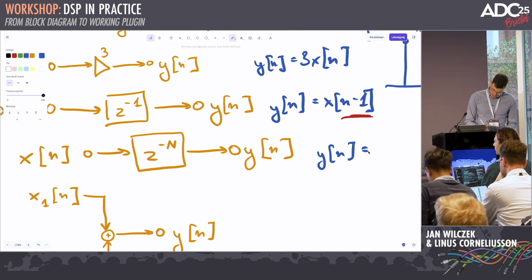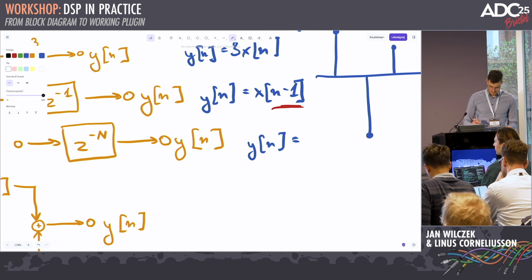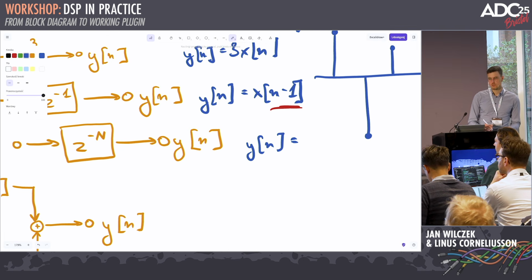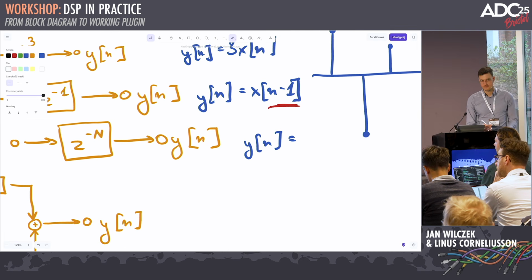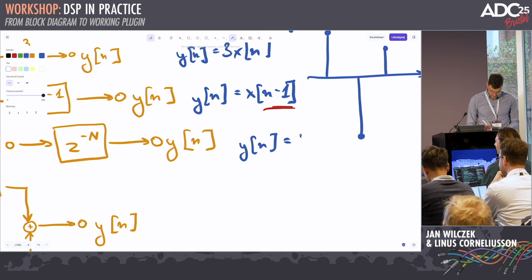So what should I write here? y of n equals what? Is there anyone who wants to risk an answer? Yeah. x of n minus big N.